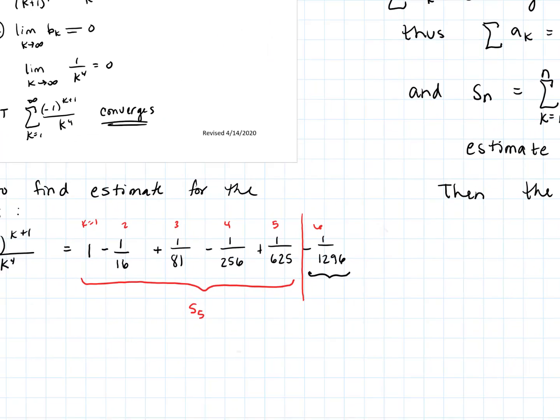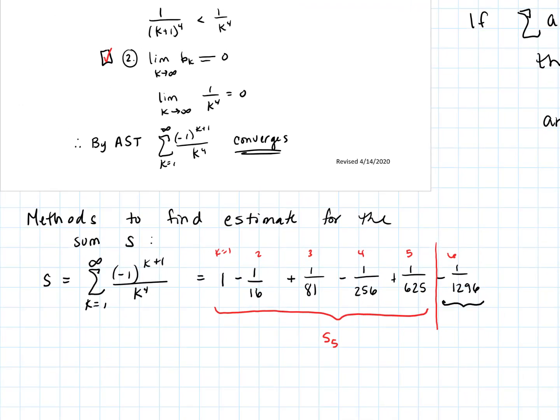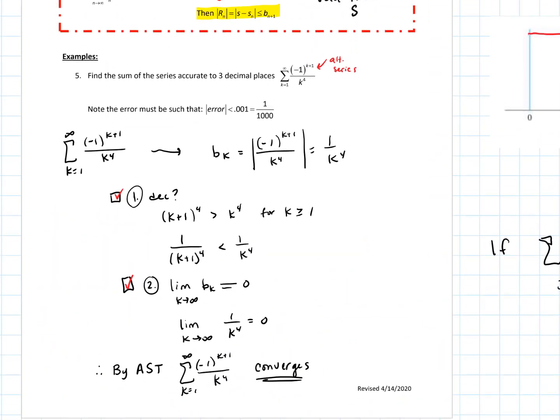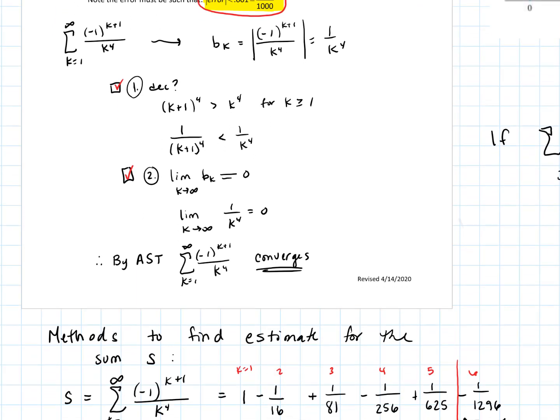That was our question up here. I know we kind of lost the question, but the question was to figure out what the sum is accurate to 3 decimal places. Another way to say accurate to 3 decimal places is that your error is less than 0.001 or 1 over 1,000. So that's what we're actually looking for.